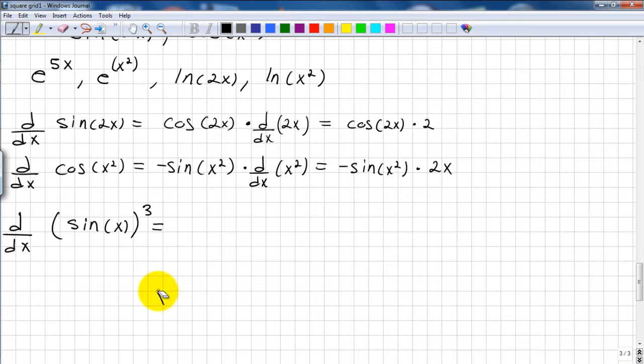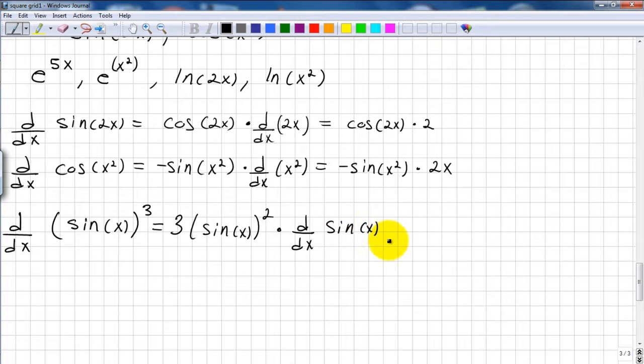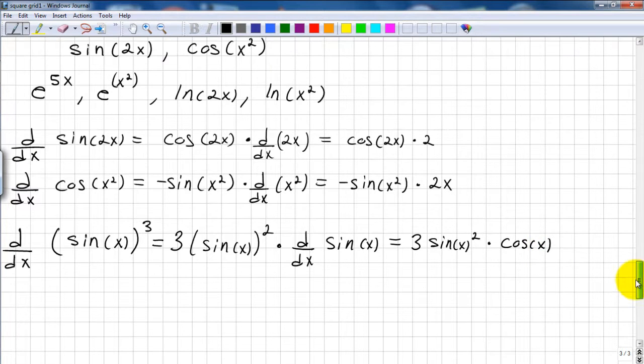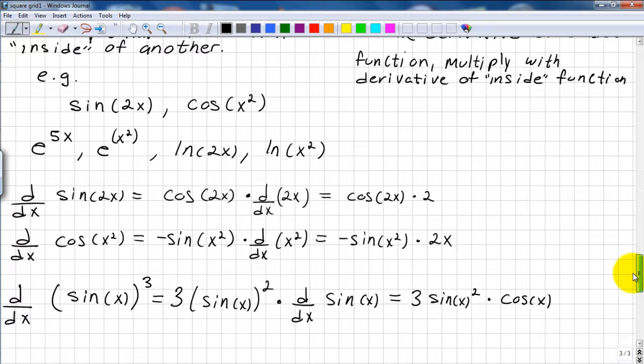So the derivative of the outside without touching the inside at first, times the derivative of the inside. So that is another common example you might encounter. Let's go ahead and do the other four examples.